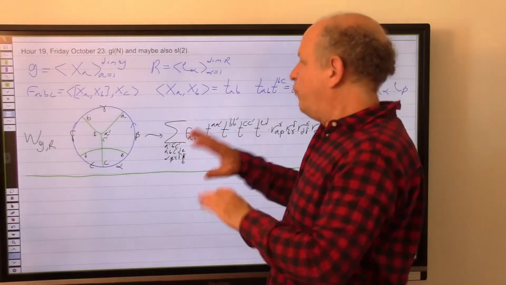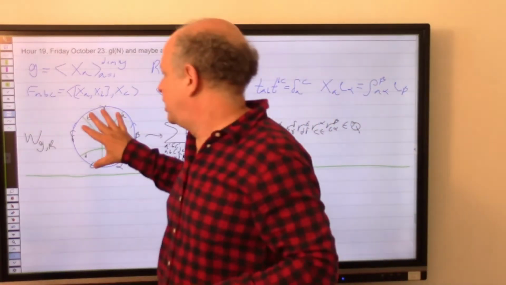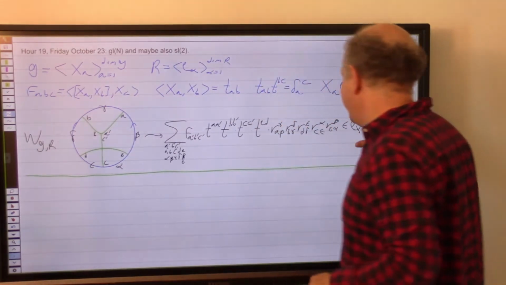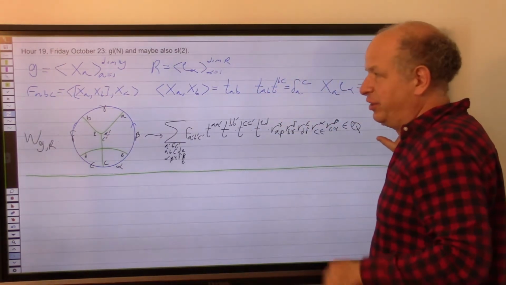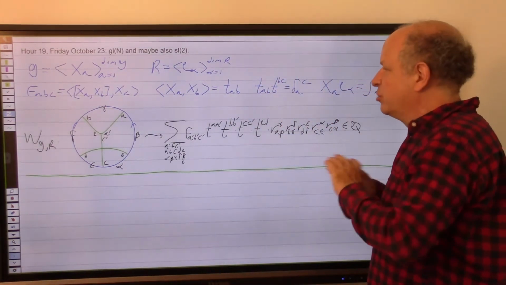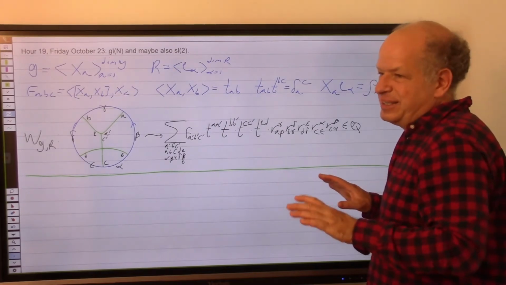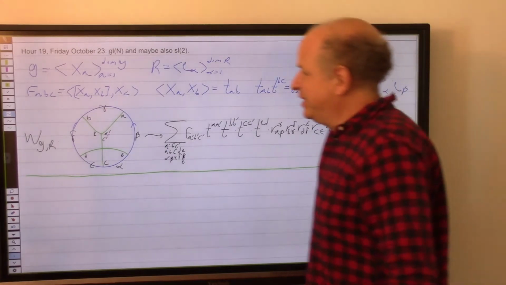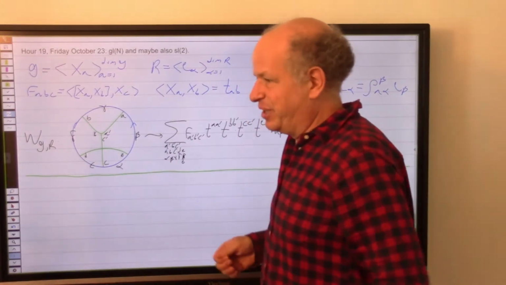Now, with all of this information, given a diagram, we can associate to it a number in the ground field, and it's absolutely horrible. But it's actually at the end not so bad. So you'll see.